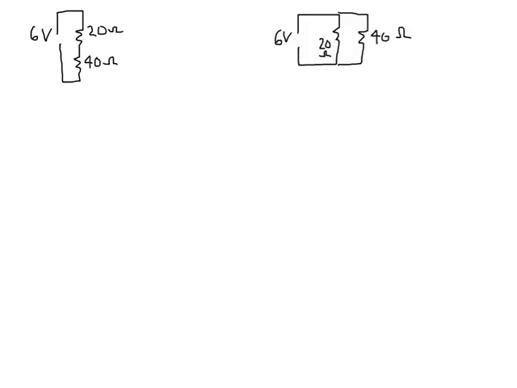So I want to keep working with these two circuits, so I've redrawn them up above to give myself a little bit more space. We were talking about the equivalent resistance, or the total resistance, and the equation that you can use is 1 over R total equals 1 over R1 plus 1 over R2, which, if I solve that out, gives our total as R1 R2 over R1 plus R2.